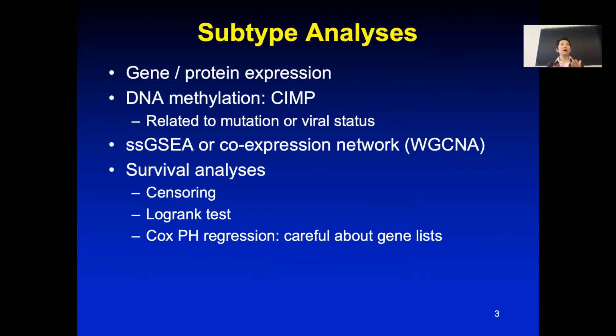Sometimes the biggest difference between subtypes is whether the patient has a particular mutation or not. But in each case, if you want to define a subtype, you have to check whether it's clinically relevant, for example, whether patients in the different subtypes have different survival.